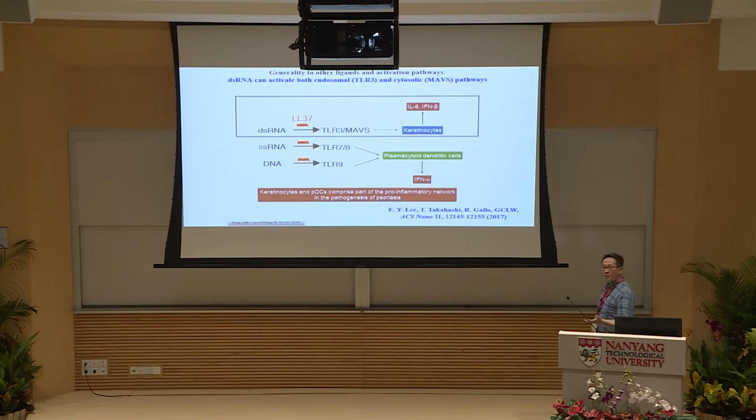Now, you might say, okay, so far you only showed us examples based on toll-like receptor 9. What about some of the other toll-like receptors that detect other types of nucleic acids? Here we worked with Rich Gallo's group at UC San Diego. He's a dermatologist and immunologist who works on the skin disease psoriasis. Here we are interested in toll-like receptor 3, which detects double-stranded RNA.